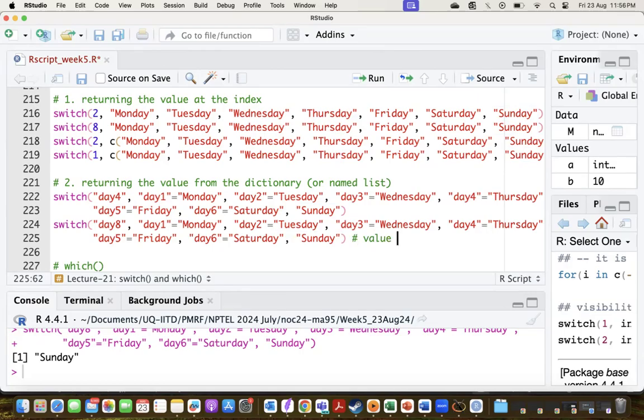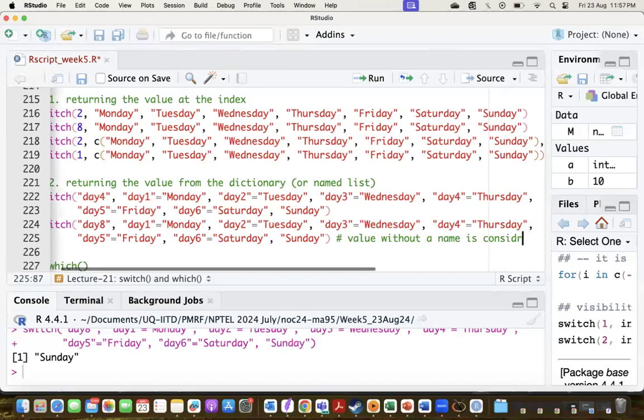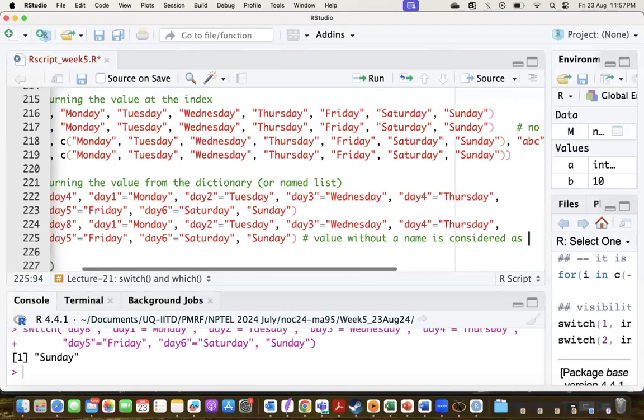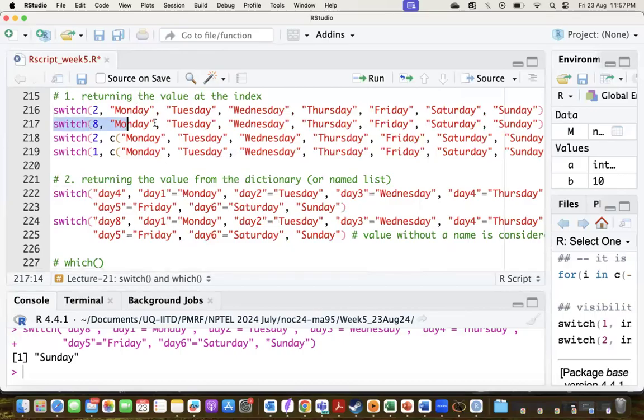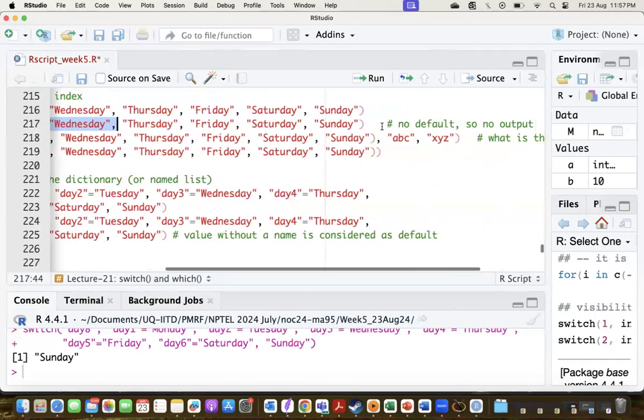Okay, again, this is a little complicated, but can't help it. This is how it works. You'll get more familiar with it if you use it more. So a value without a name is considered as default. When we were only working with indices, there was no way to define a default.